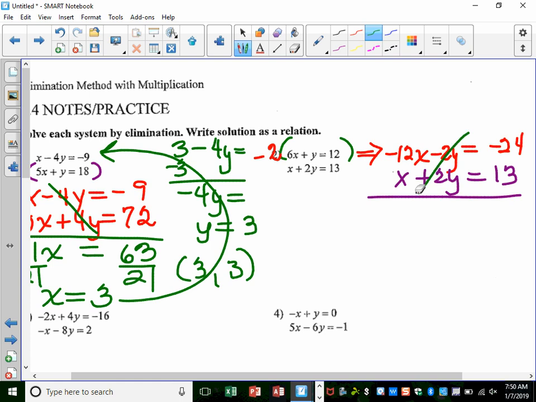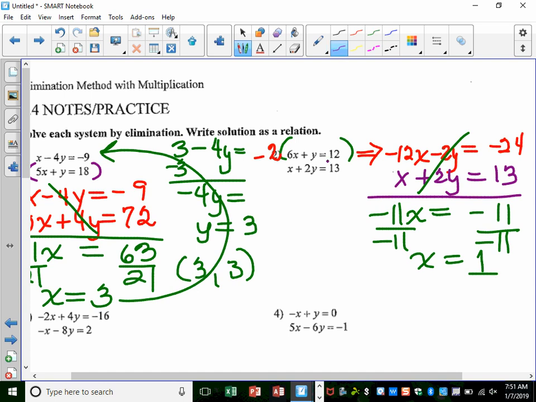So that eliminates that. And then I'll have -11x equals, what will this give me? -11. And then when I divide, I get a +1. Okay. So now I'll just put it back into one of the other equations.